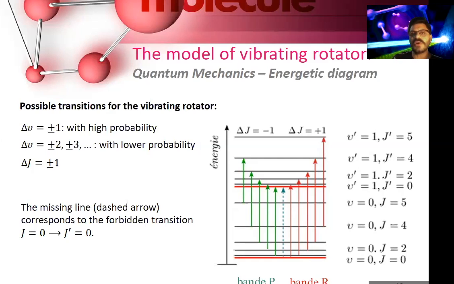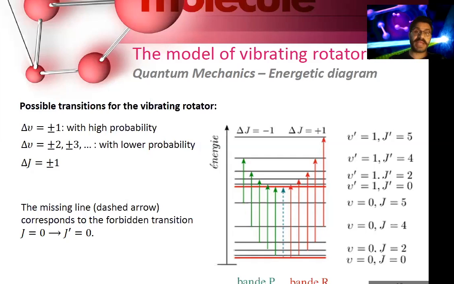You can either go to the second row, place number 4, so delta J equals +1, or you can go to the second row, delta J equals -1, so you go to seat number 2. And this creates the two branches. The first branch is all the choices that you can make to go with delta J +1. So you increase your position on the rows. So your rotational energy goes with the transition of delta J +1.